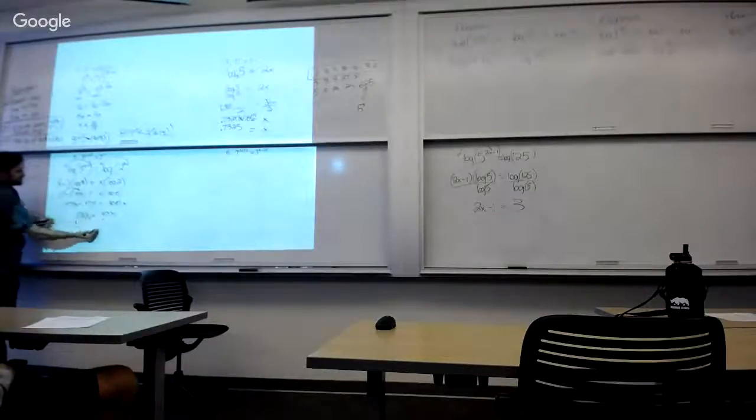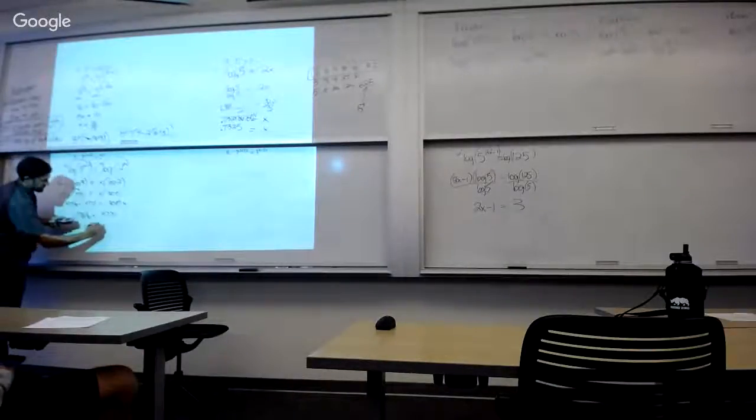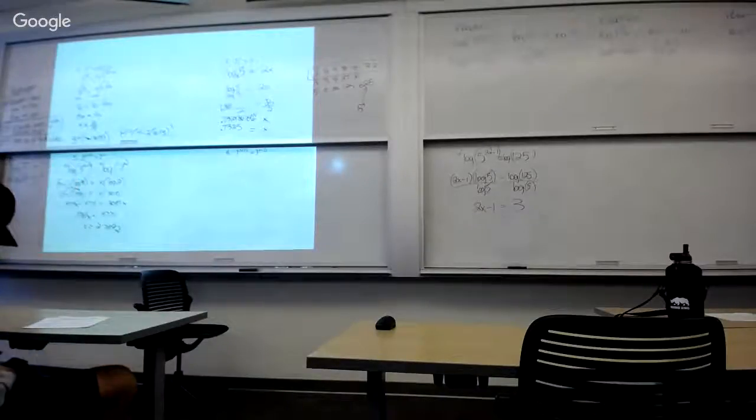Then I could divide both sides by 0.1761, and I would end up with a very terrible decimal. I end up with 2.709. Okay, so apparently my answer is 2.709.